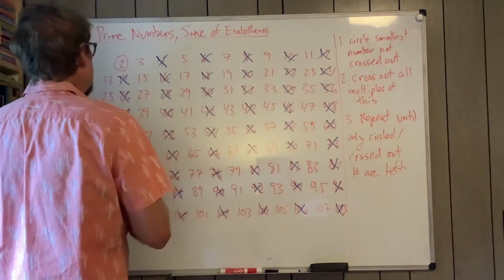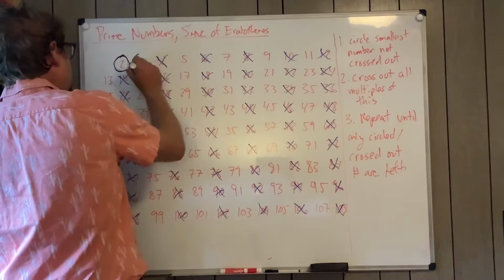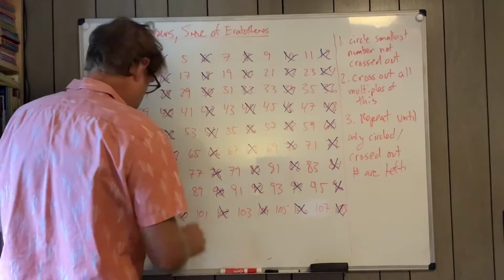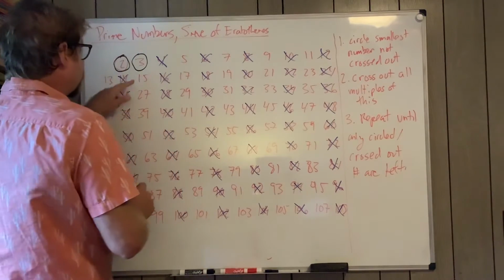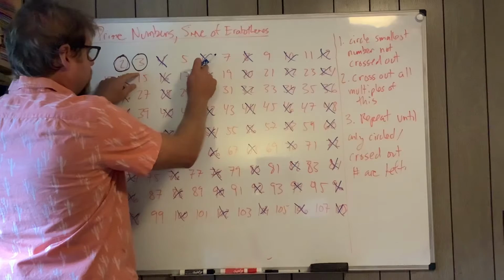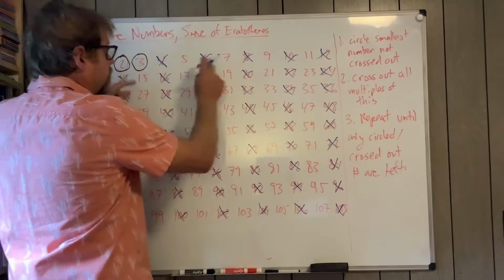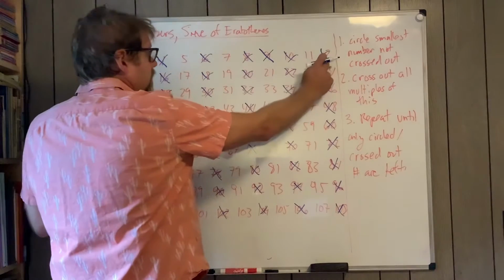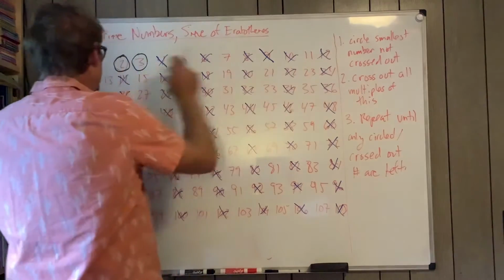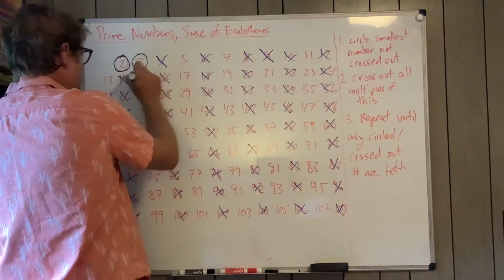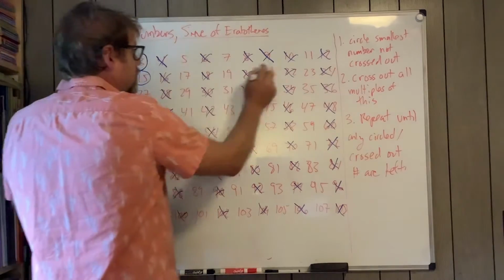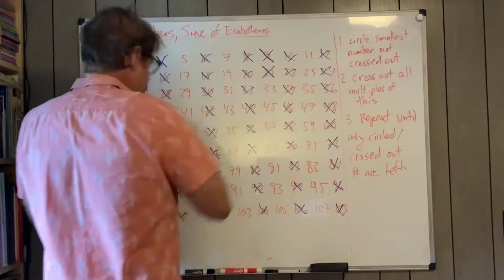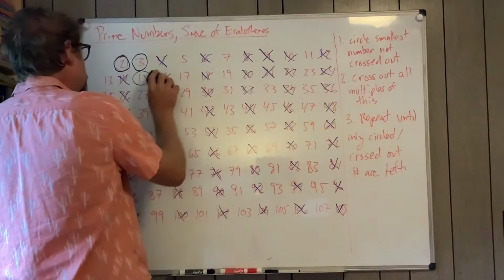Here, maybe I'll circle in black. It's really clear. So 3. So 6 is already gone because it's already a multiple of 2, but 9 is gone. And then I'll skip count by 3, that one's gone, and then that, that one's gone. Whoops, not bad.